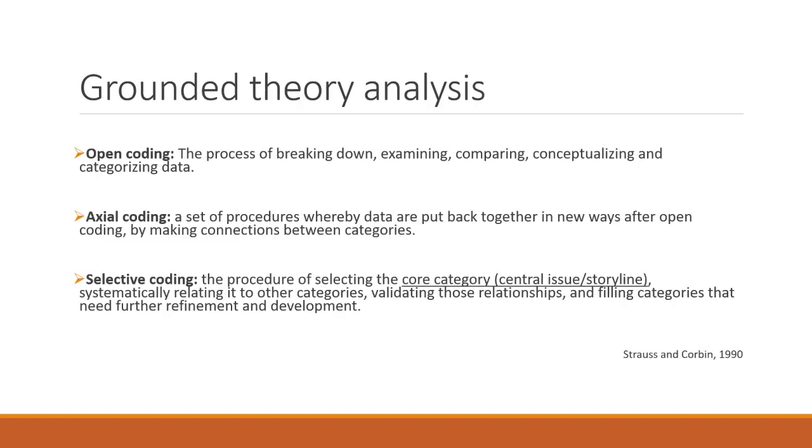Okay, and then grounded theory analysis. With grounded theory, I did indicate that the coding happens immediately when you start collecting your data. And the coding happens at different levels. So there's open coding, which is the process of breaking down, examining, comparing, conceptualizing and categorizing the data.